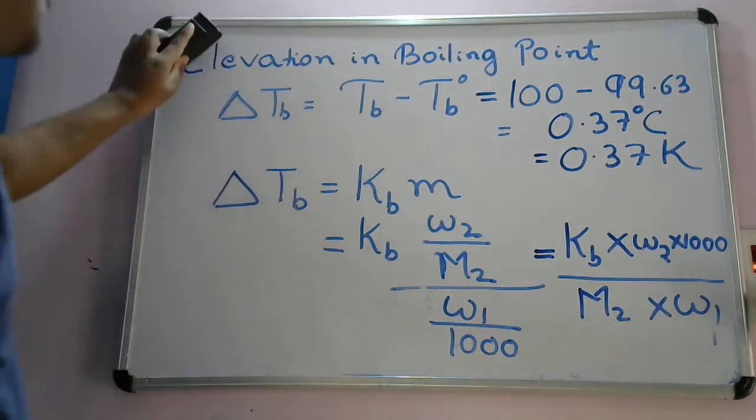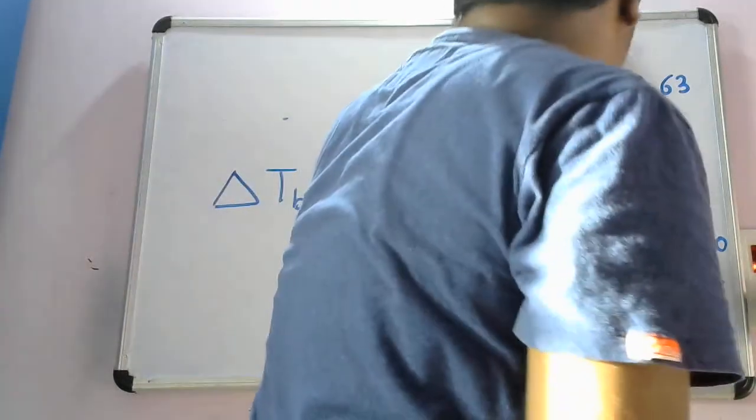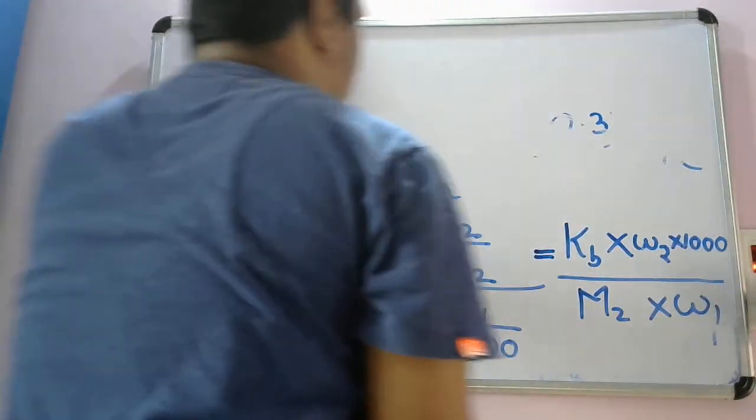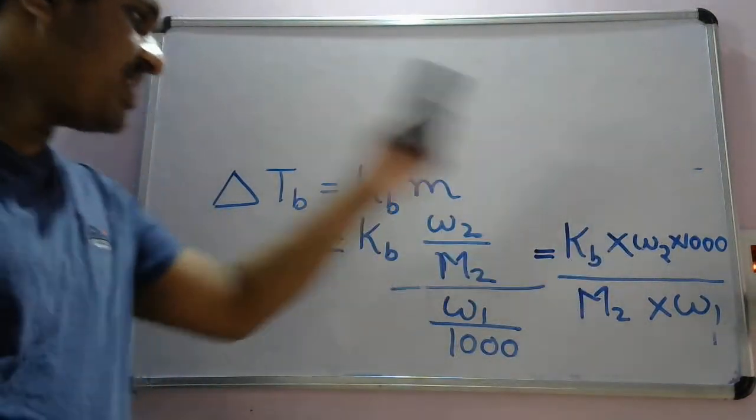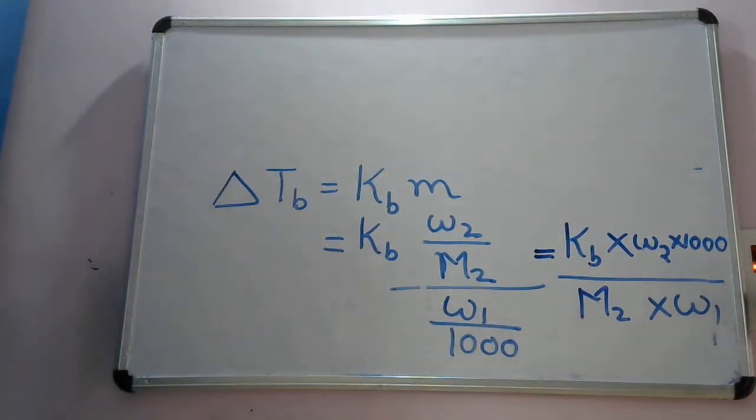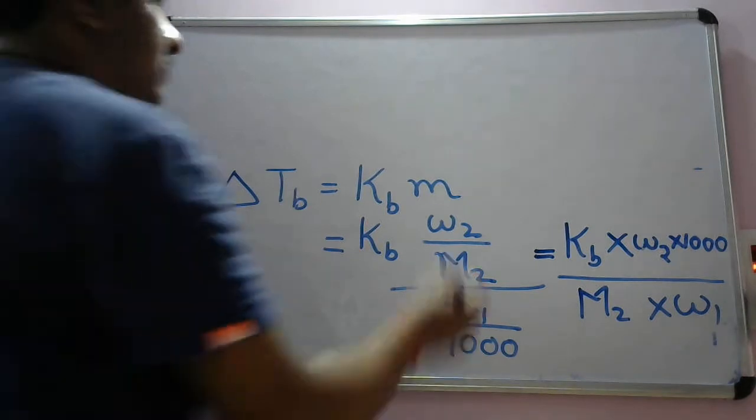Okay, so next step is keeping W2 one side and rest to other side, because only W2 is unknown, rest is known to us. So let us do that.